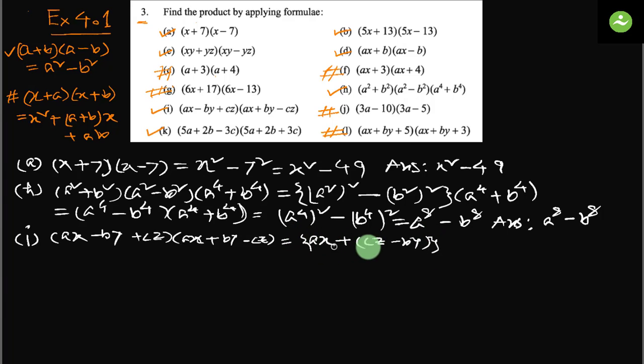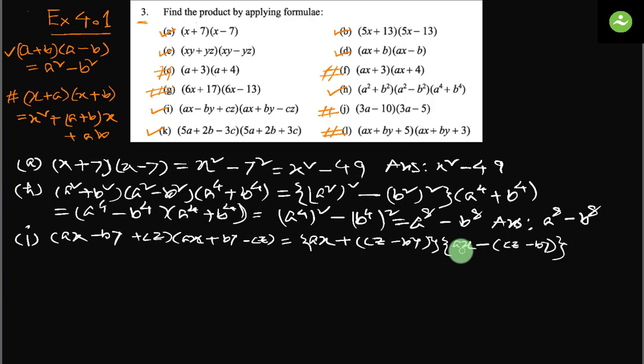Now it looks like a plus b. And then the next part, ax minus by cz minus by.